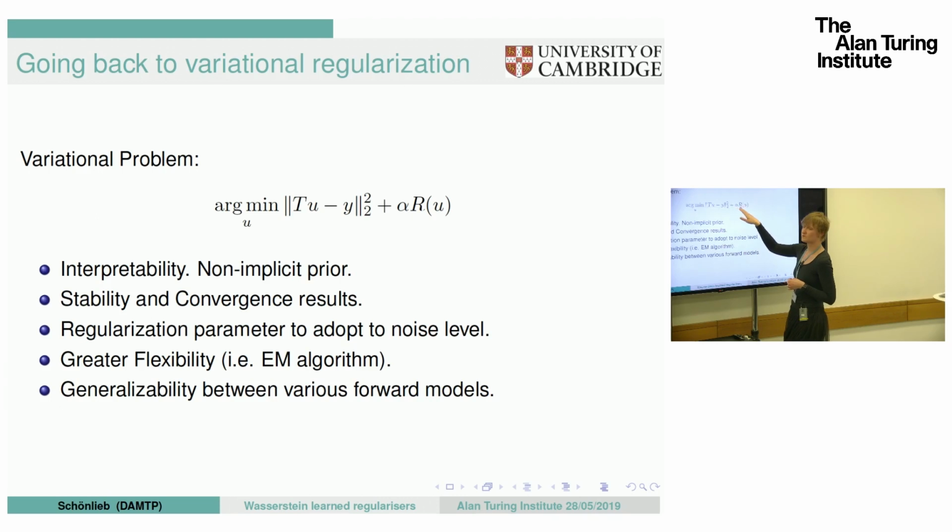We can still play with the regularization parameter, so we can adapt this to different types of noise levels. And it's quite flexible. Now I'm telling you we are solving this variational regularization approach using this regularizer. You could also think about combining this with some type of EM algorithm or something like that. So this is roughly the idea, that we want to learn this regularizer.